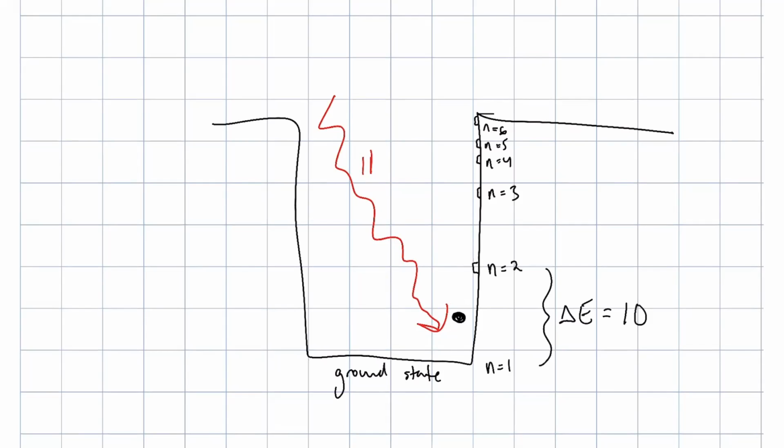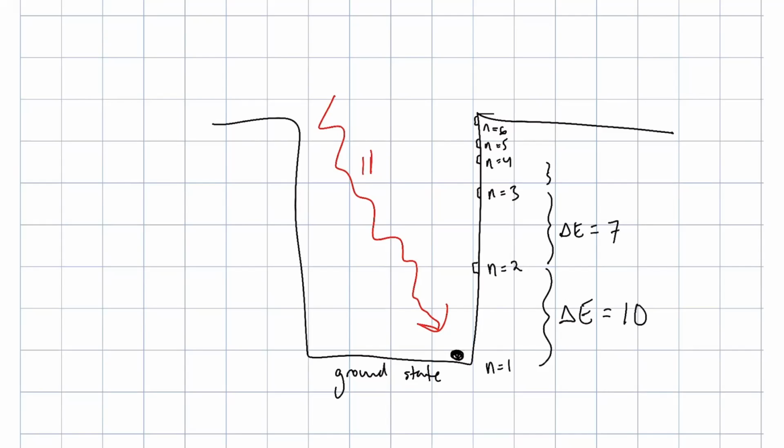So that being said, there are very specific photons that carry the right amount of energy to get an electron to jump between energy levels. And the difference in energy between energy levels is not the same. From n equals 1 to n equals 2, that might be 10. But n equals 2 to n equals 3, this change in energy might be 7.